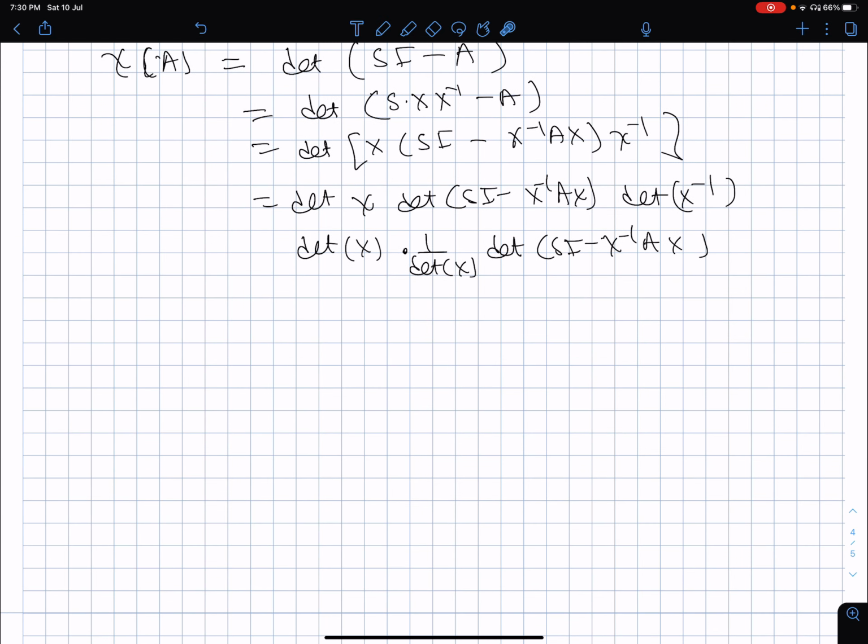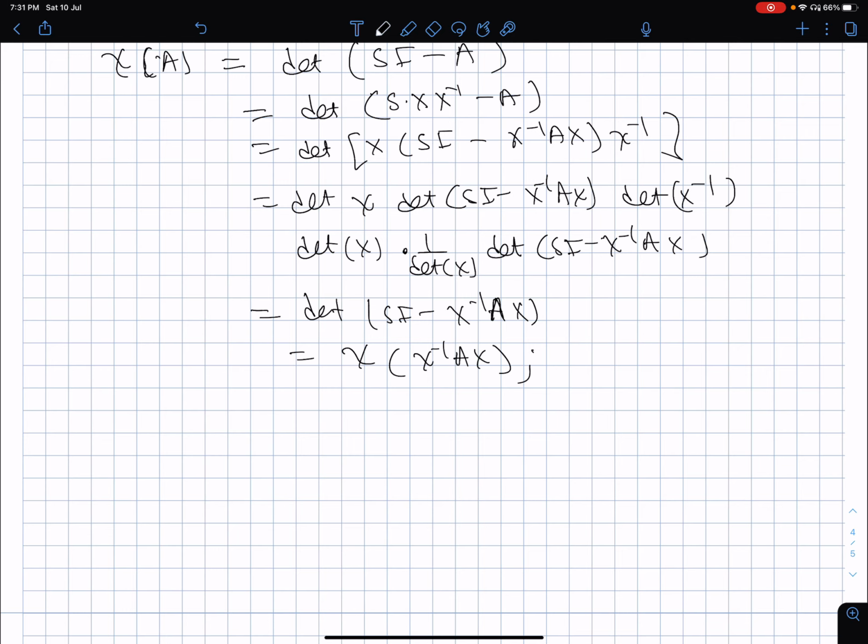So I can just cancel this, which makes it equal to the characteristic polynomial of X inverse AX. So therefore, a similarity transformation does not alter the eigenvalues.